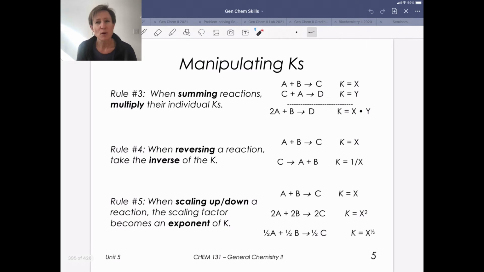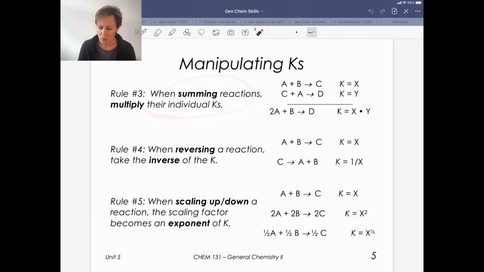A couple of other things we want to think about, and in the accompanying notes for this first skill, I have a comparison with how we think about this with Hess's law. We can manipulate equations, and we can manipulate equations that have equilibrium constants. So we need to think about, when we add equations, what do we do with equilibrium constants?